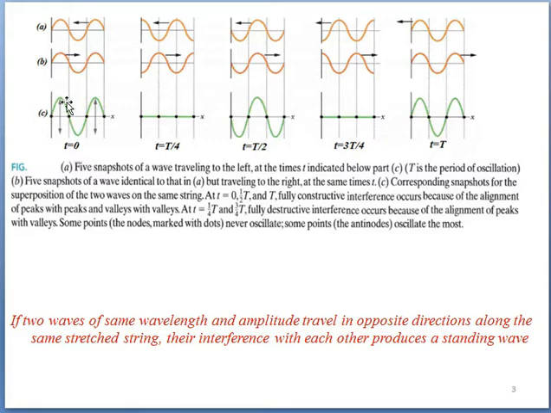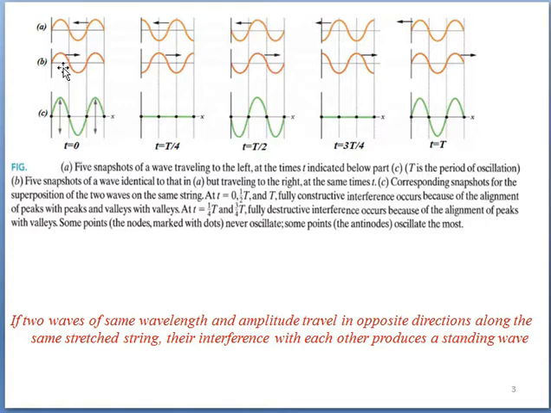If we apply the principle of superposition, that is, if we add the individual displacements algebraically, it gives rise to a higher displacement. That is, the displacement of the resultant wave is double the amplitude of either wave. So this is the case of constructive interference.